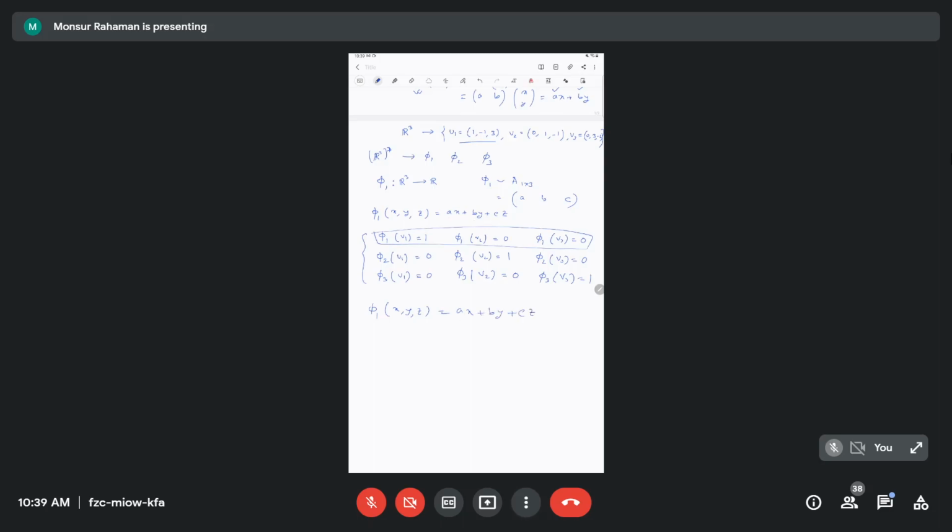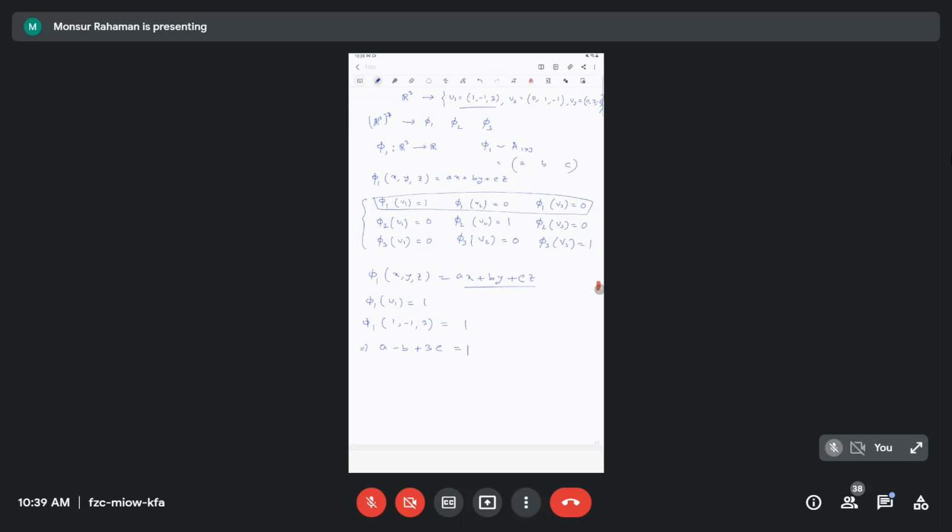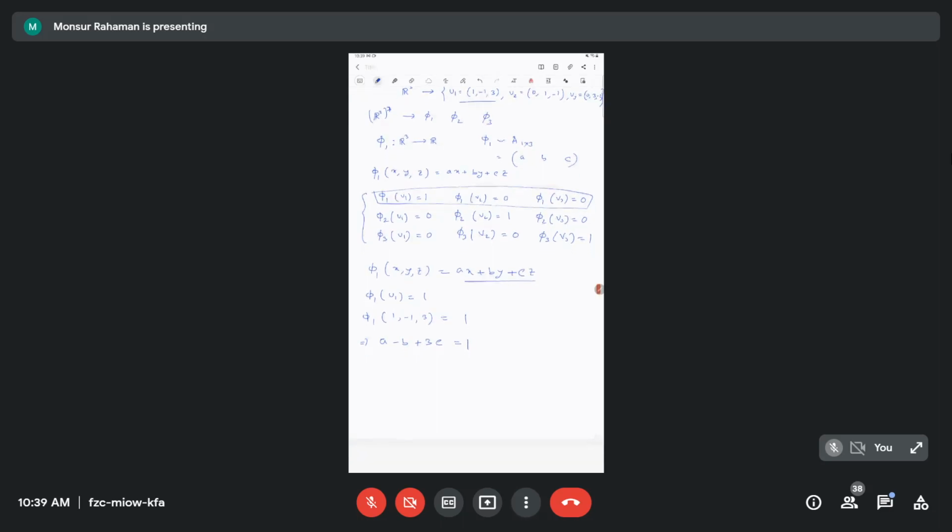We're going to find A, B, C. Because phi 1 of V1 is equal to 1, phi 1 of (1, -1, 3) is 1, and by definition it will be A minus B plus 3C is equal to 1. And for the other vectors, phi 1 of V2 is equal to 0, and phi 1 of V3 equals 0.